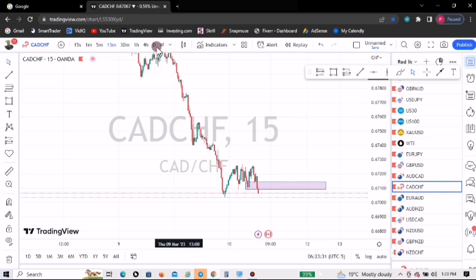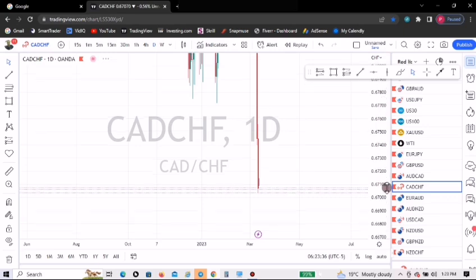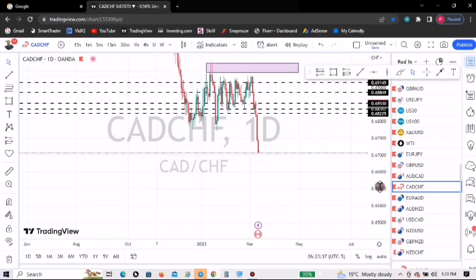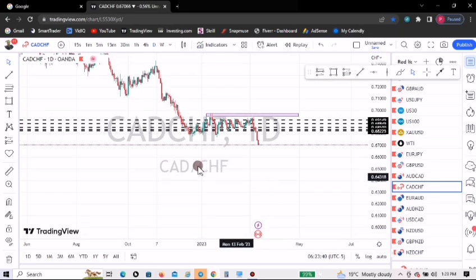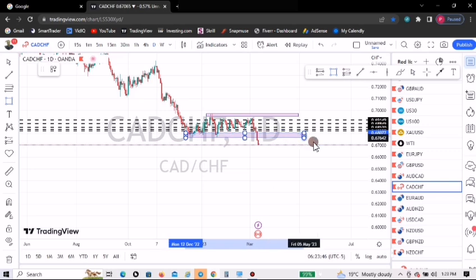Let me see from the daily where it is going. It's not clear. Let me take it from the weekly.